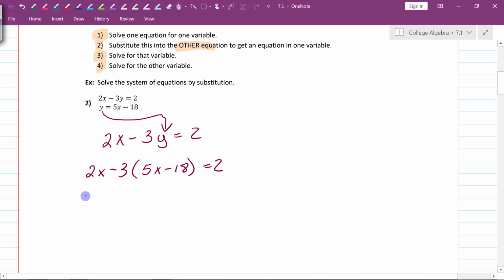So I get 2x minus 3 times 5 is 15x, so negative 15x. Negative times a negative is going to give me a positive. 3 times 18 is 54, and that is going to then equal 2. I'm going to combine like terms on the left, and I'm going to go 2x minus 15x gives me negative 13x plus 54 equals 2.